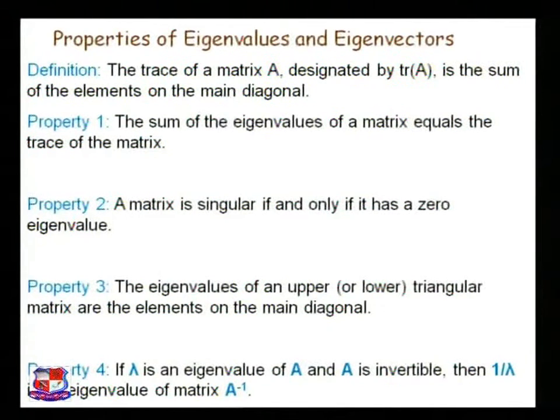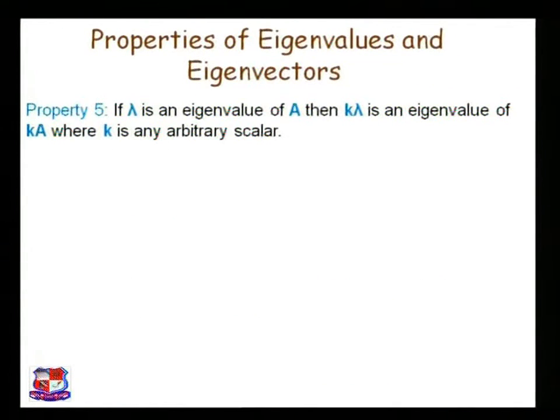The fourth one: if lambda is an eigenvalue of A and A is an invertible matrix, then 1/lambda is an eigenvalue of the inverse of A. This is a simple one. The fifth property: if lambda is an eigenvalue of A, then k times lambda is an eigenvalue of k times A. This is also a very simple property.